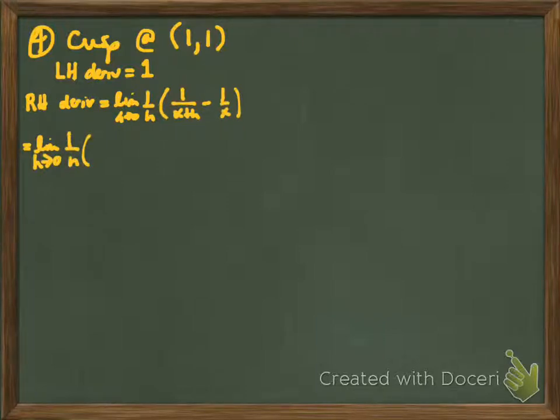And what do I do about the fractions? Need a common denominator. What would the common denominator be? x times x plus h. Leave it like that. Got it? All right. So what would I have to multiply 1 over x plus h by to get my common denominator? x. So I put an x there, minus, parentheses, x plus h. Thank you, parentheses, x plus h. Right? So then what happens?